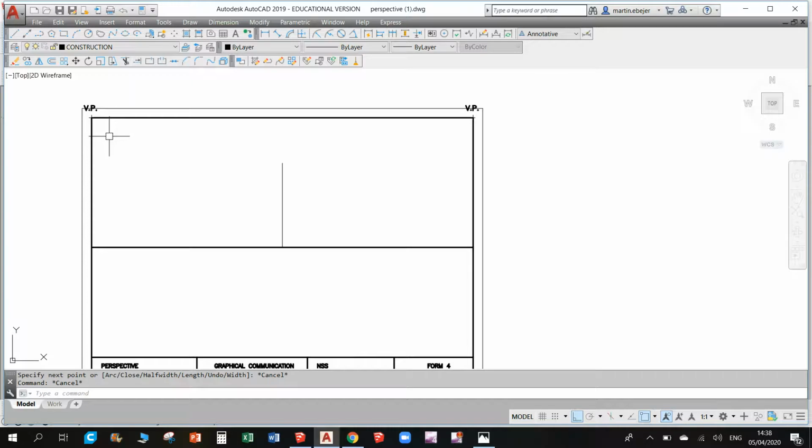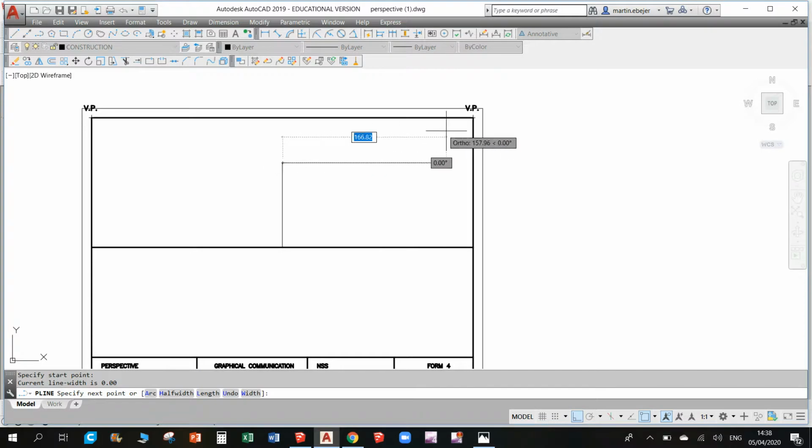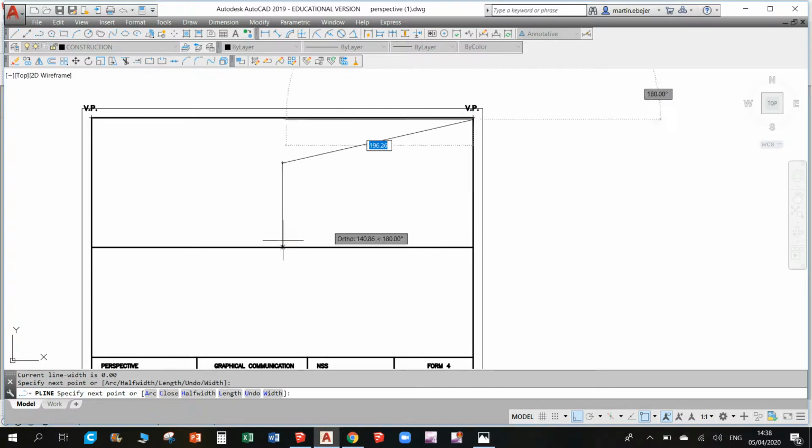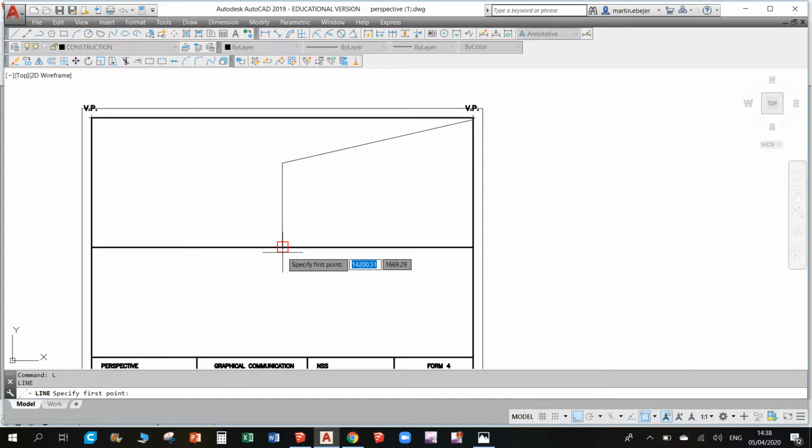First thing we need to do is join the VP1 with the VP2. I'm gonna use the line of the border, which is already linking them together. Then from this line, we're gonna draw lines directed to the vanishing points on both sides.